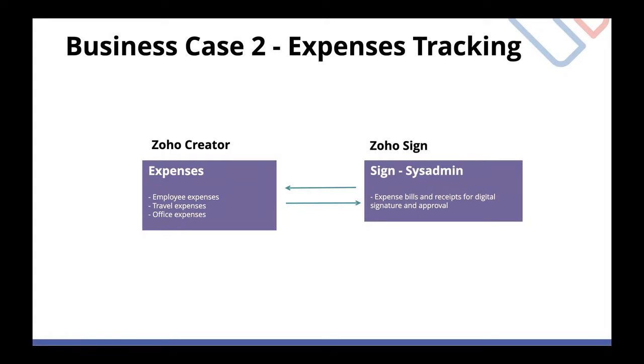So the problem is that the documents get lost in transit. Unless we are so careful, the document gets lost in transit. To avoid that, we can simply create a document or data system in Sign, and it can be sent for approval to the finance department, where they can verify all the bills digitally, sign it out and send it to the payment department. So that is one other business case.